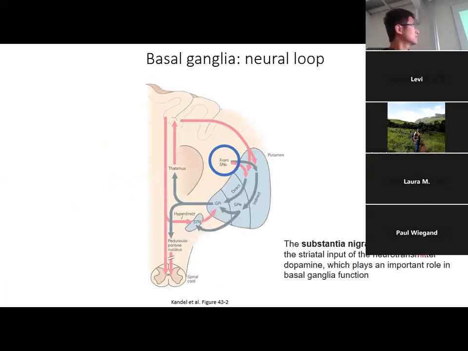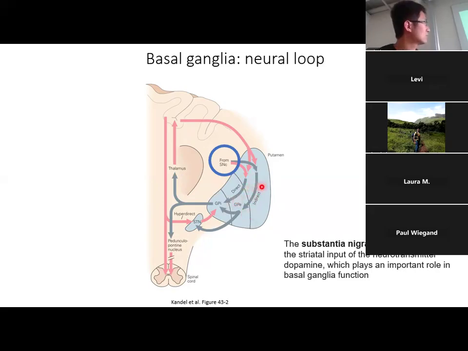And let's see the neural circuitry in the basal ganglia. This is actually quite complicated. So you see different loops that go through the motor cortex and through the basal ganglia, and then it also goes back to the motor cortex through the thalamus. So here is a direct and indirect loop.